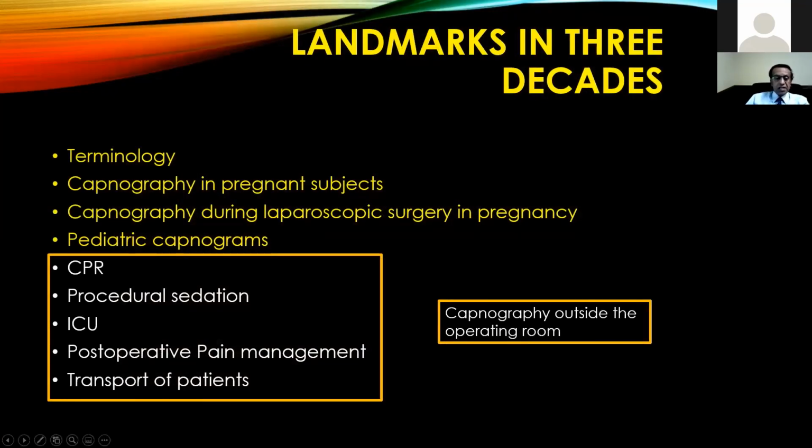And the last one is, of course, the transport of patients. Capnography is essential to monitor not only ventilation, but also cardiac output during transport of patients within the hospital and from hospital to hospital. Many institutions use capnography. In fact, many states in the United States mandate the use of capnography by ambulances or the first care providers in the field too.